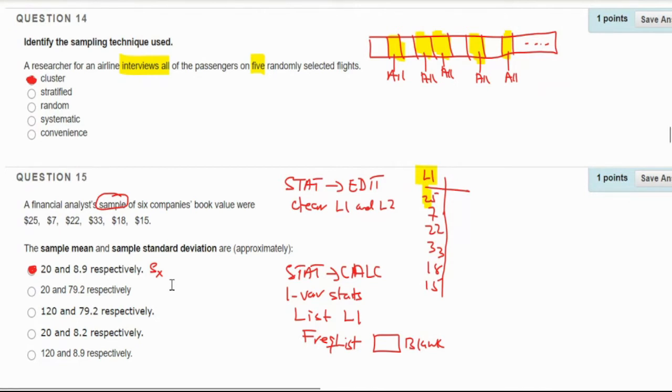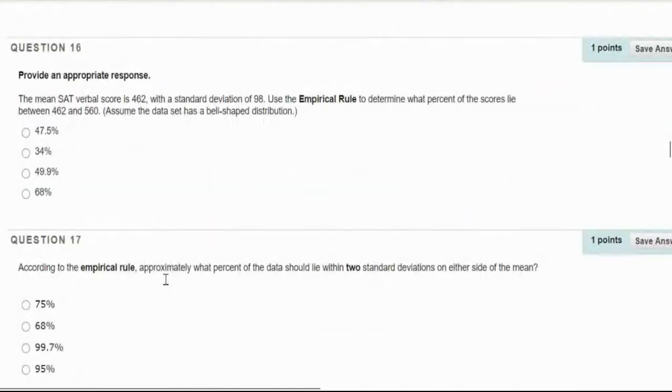Okay, very good. Now, when we go to question 16, it looks like it's asking us for the empirical rule. So we're looking at 68%, 95%, and 99.7%.